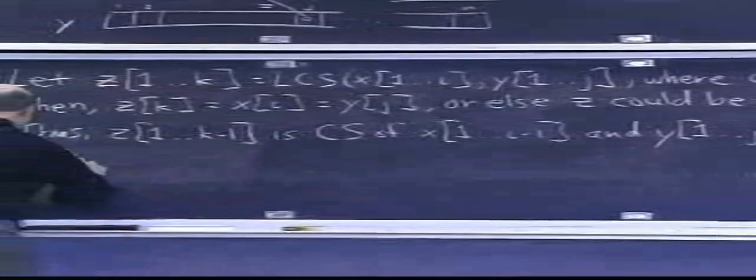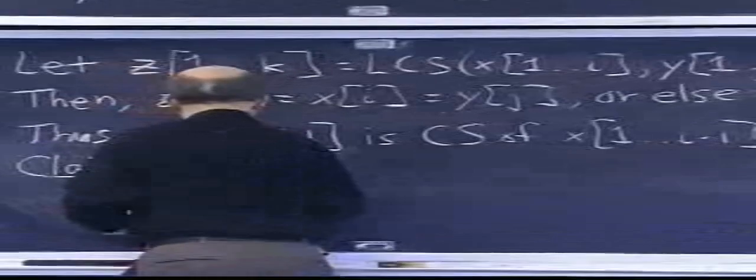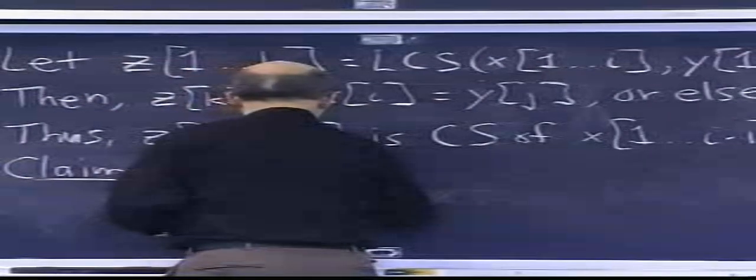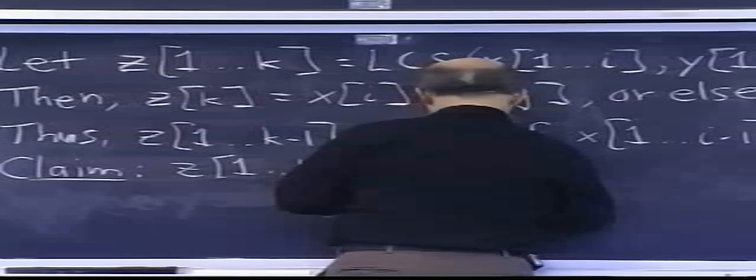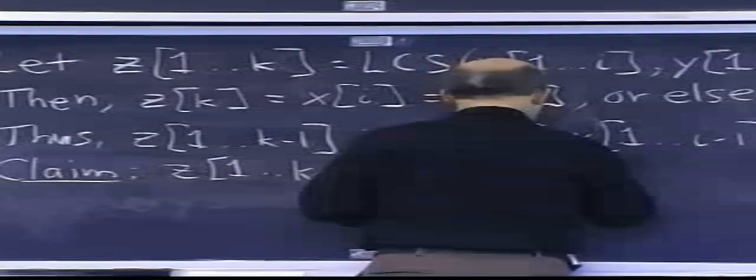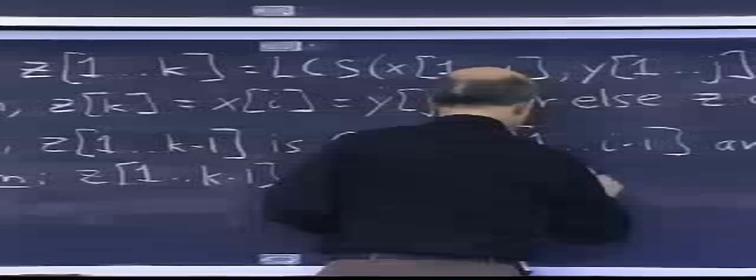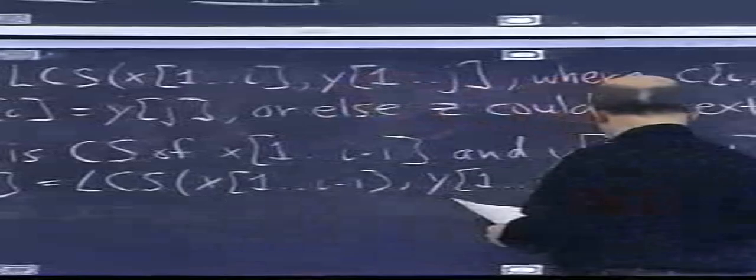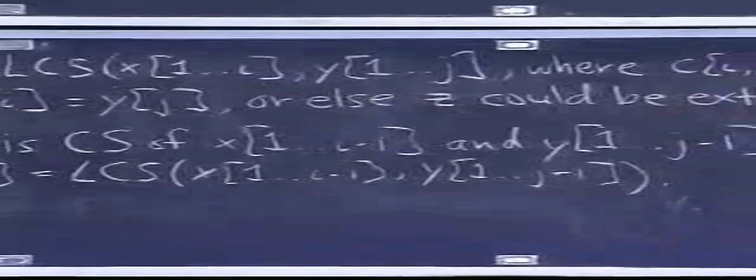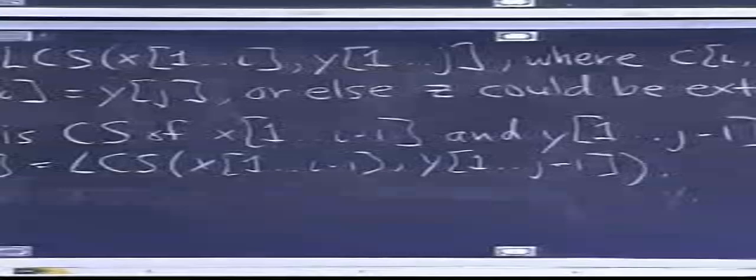So I claim, okay, that in fact Z of 1 up to k minus 1 is a longest common subsequence of x of 1 to I minus 1 and y of 1 up to j minus 1. That's going to be the crux of the proof, is actually showing that that's indeed a longest one.